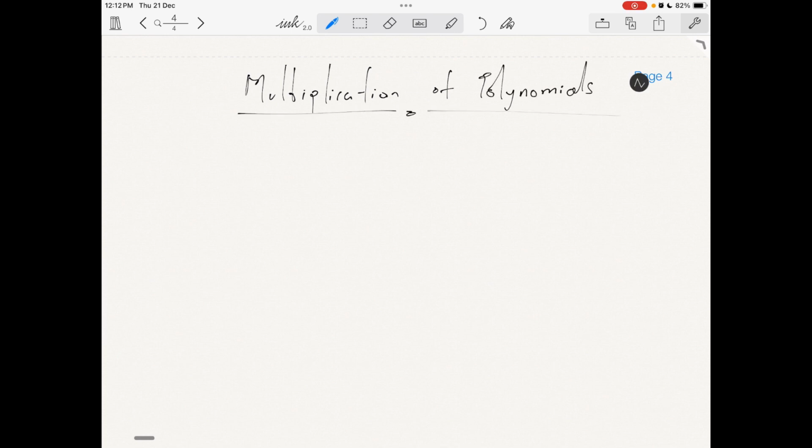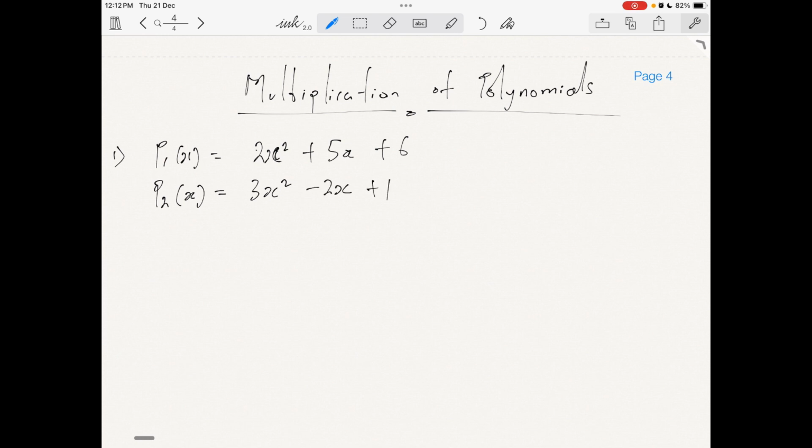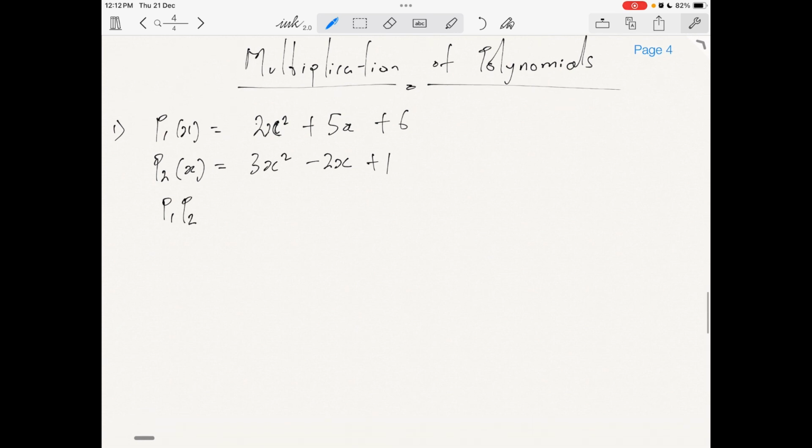Given that p1 of x is equal to 2x squared plus 5x plus 6, and p2 of x is equal to 3x squared minus 2x plus 1, we should find p1 p2. As usual, we are going to open the bracket, and after we open the bracket we will collect like terms and then finalize on it.